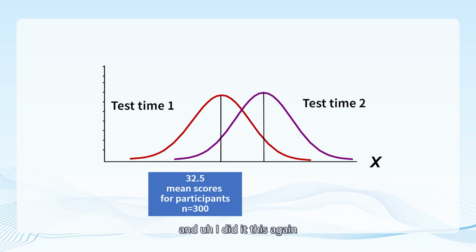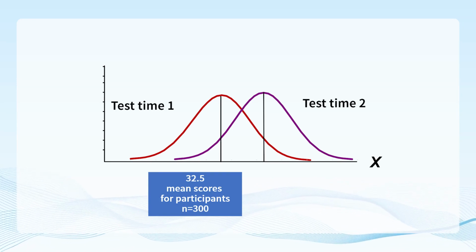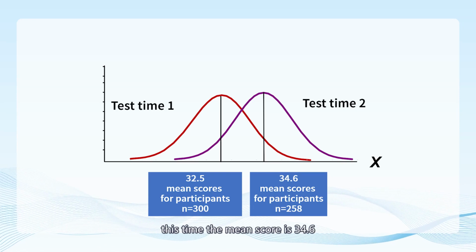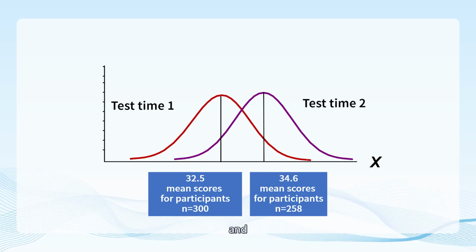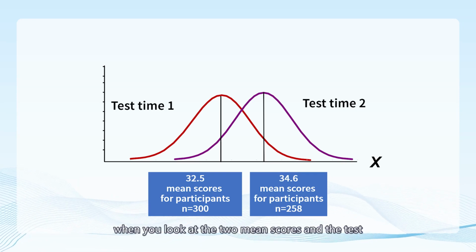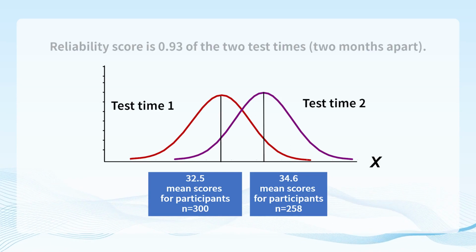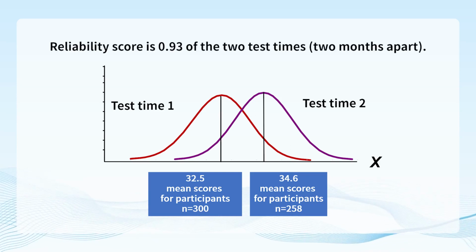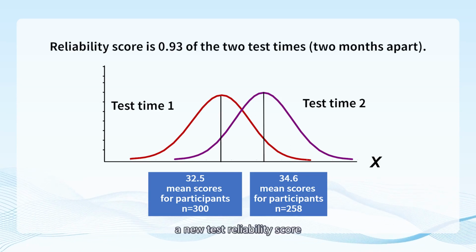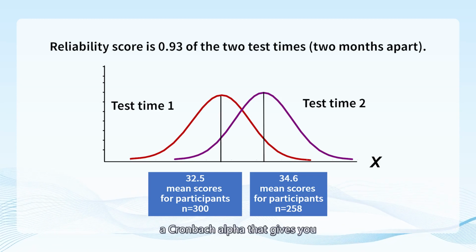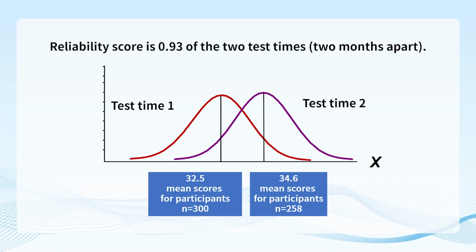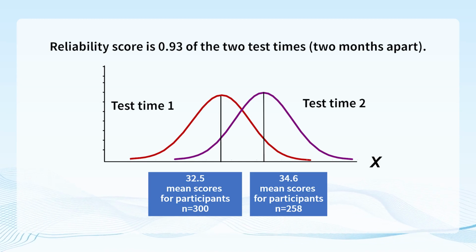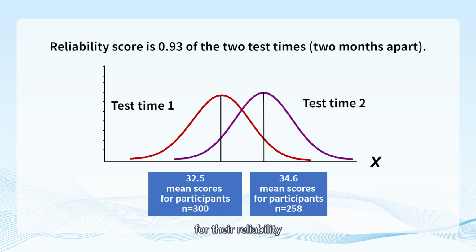I did it again 2 months later, and this time the mean score was 34.6. When you look at the two mean scores and test the reliability, the coefficient alpha gives you a score of 0.93. So it's a very high score for the reliability.